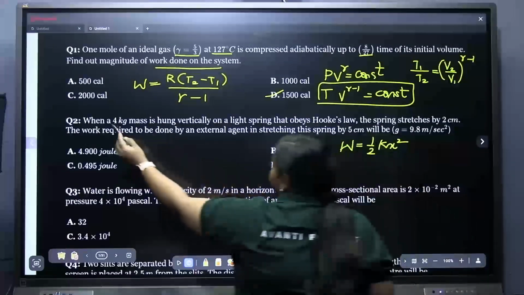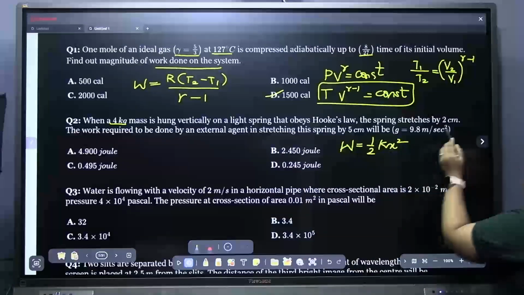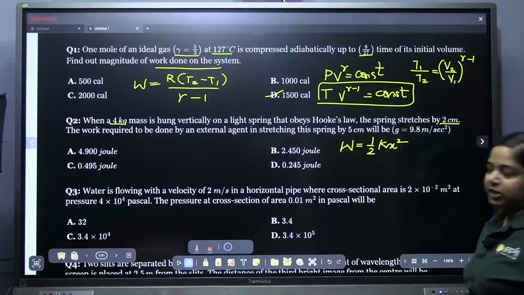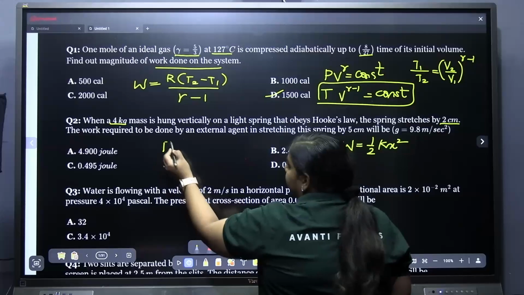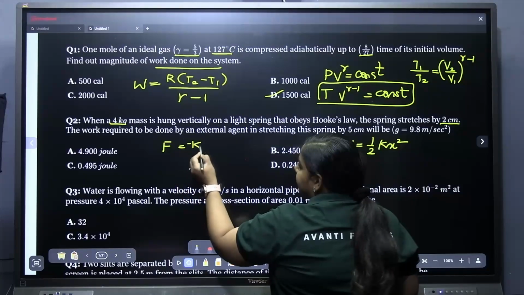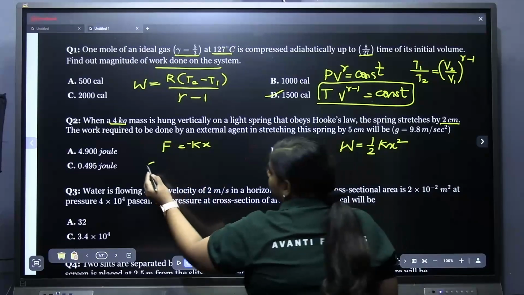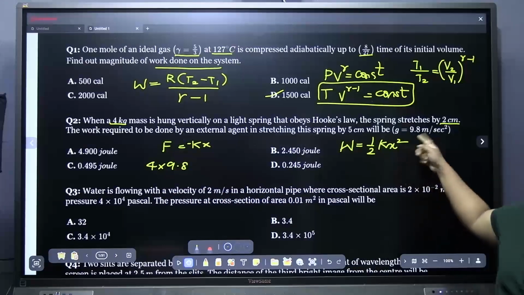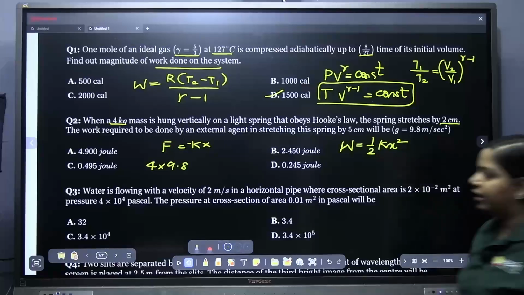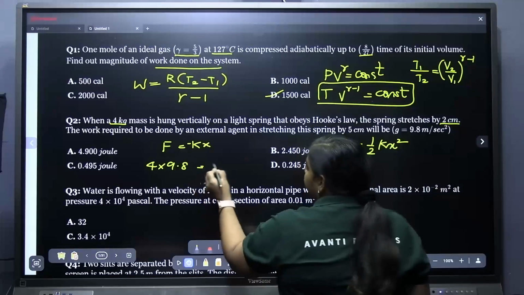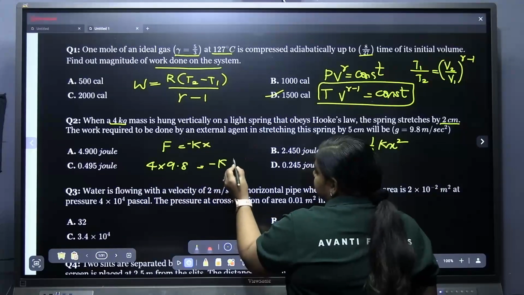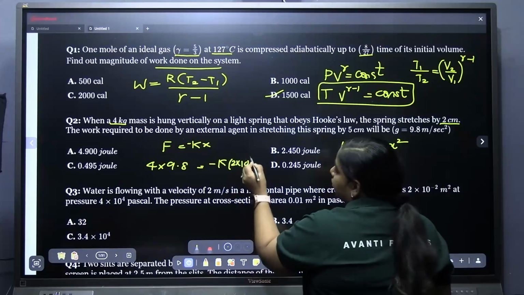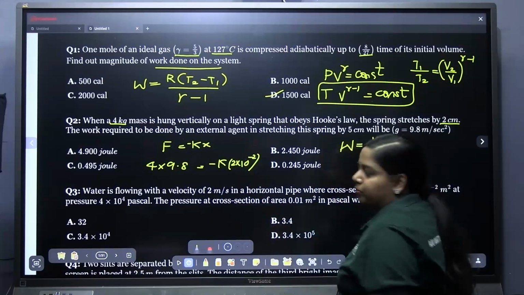A 4 kg mass creates 2 cm extension. So F equal to minus kx. Force equal to 4 into 9.8, because they have said take g equal to 9.8, equal to minus k, x is equal to 2 into 10 to the power minus 2.